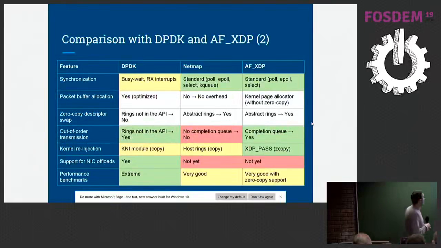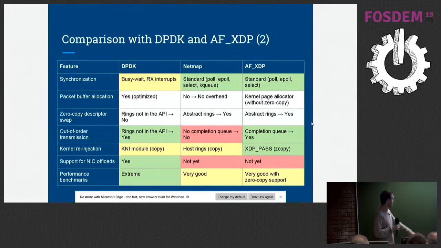Another advantage of Netmap over DPDK, shared with XDP, is that you get standard synchronization tools: poll, epoll, and select. With DPDK, you can use receive interrupts, but that's a bit harder than just using the standard system calls.